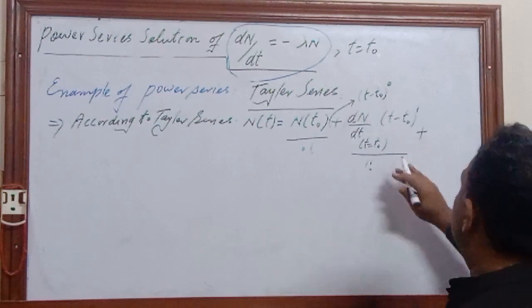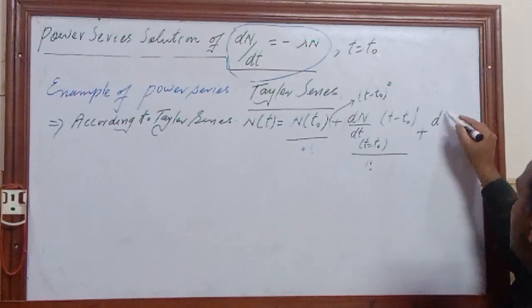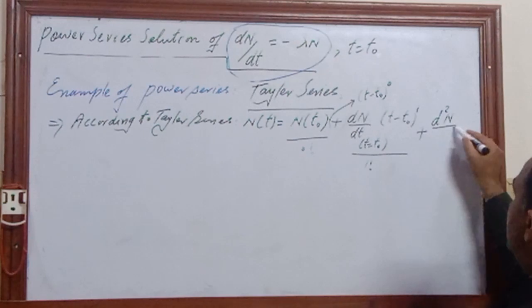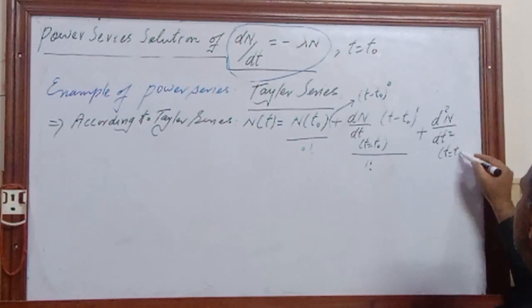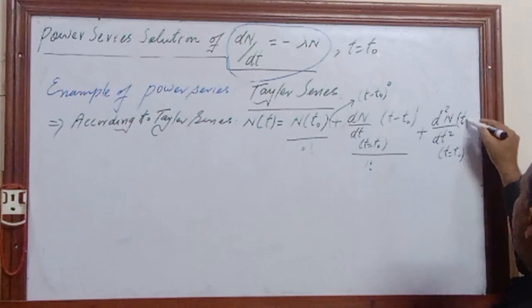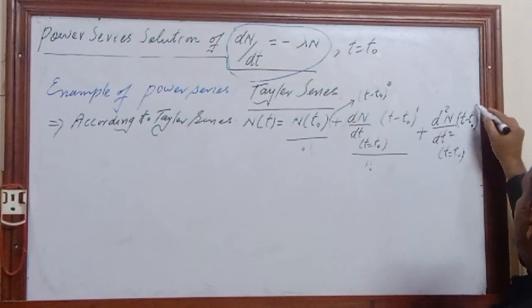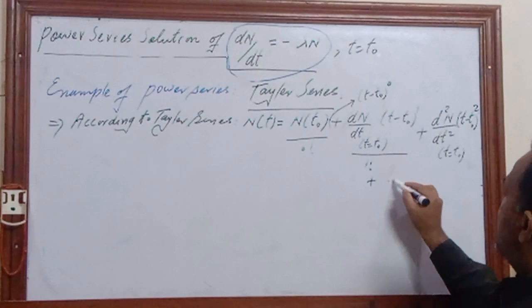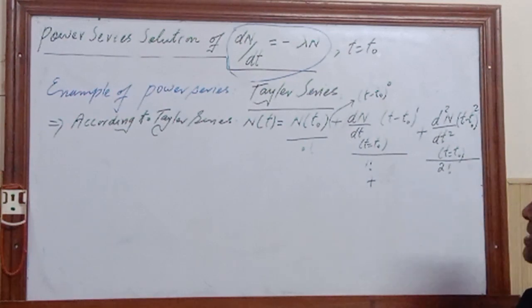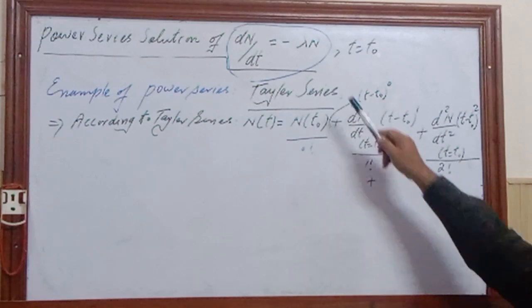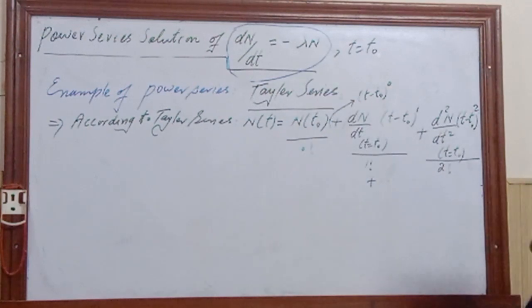Then plus the second order derivative d2N over dt2 at t equal to t naught times t minus t naught to the power 2 over 2 factorial, and so on. So this is the Taylor series expansion, or the Taylor series solution of this differential equation.